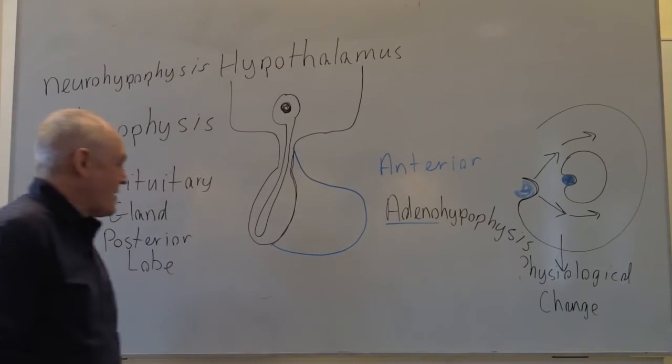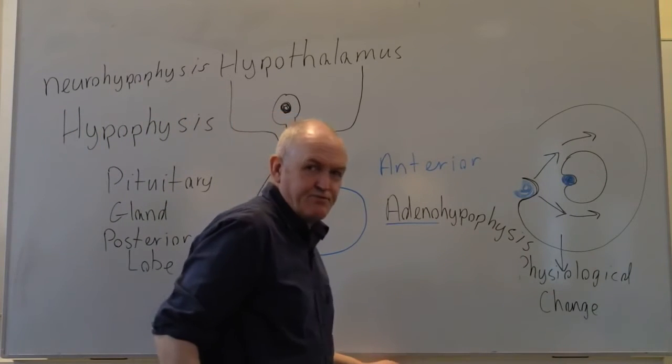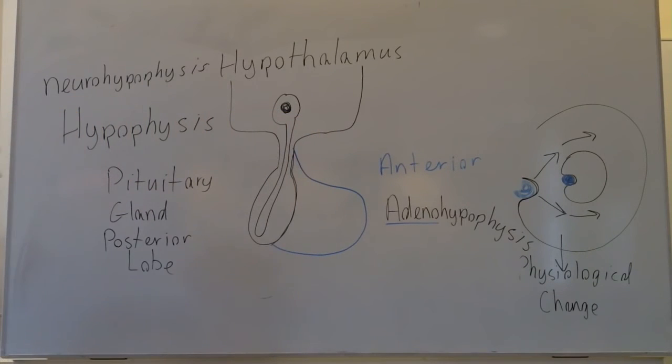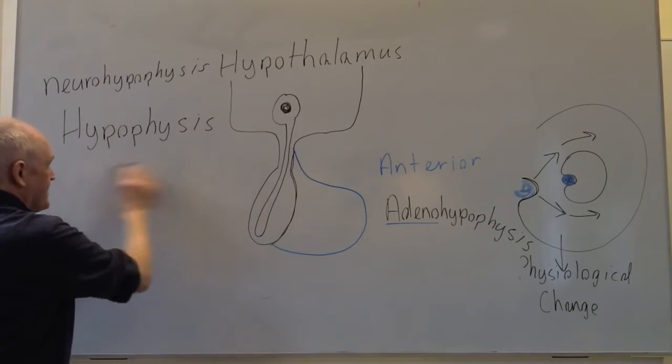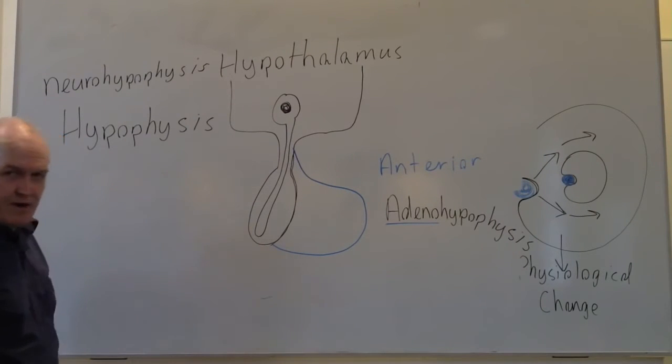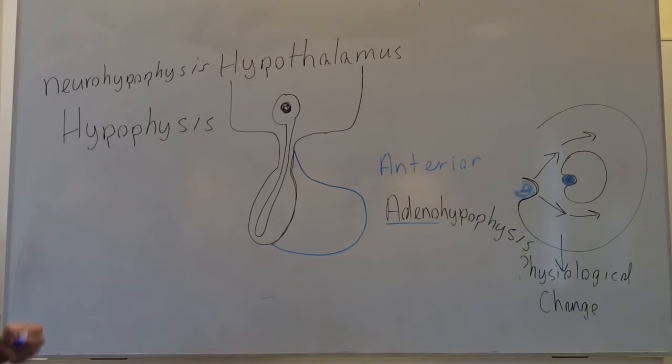So let's think now about what these structures produce. We'll just do a few examples. With the neurohypophysis, the posterior pituitary, it's quite easy. It only produces two things.